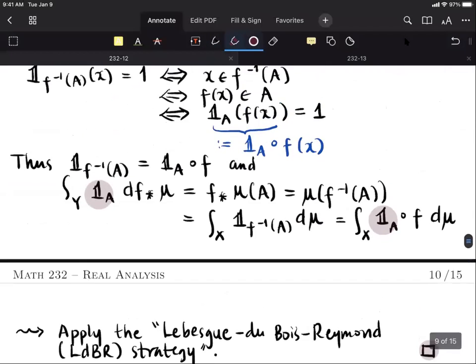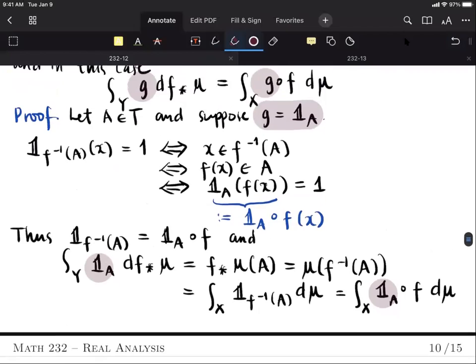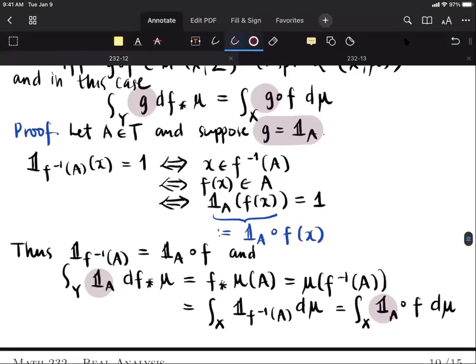So to recall, once you know that the integrals are equal in the case of characteristic functions, you then apply this to simple functions by linearity, since a simple function is nothing but a finite linear combination of characteristic functions. In the case of non-negative measurable functions, you approximate your function by an increasing sequence of simple functions, and then apply the monotone convergence theorem.